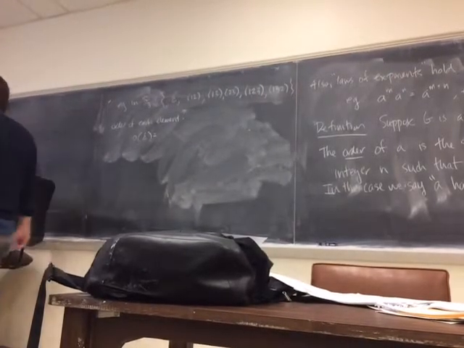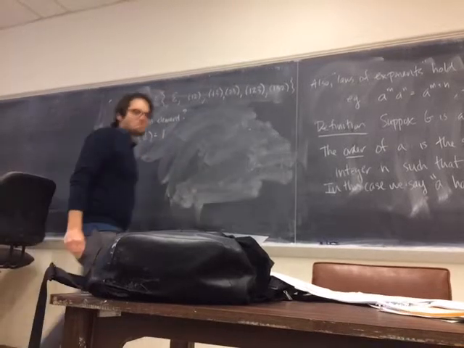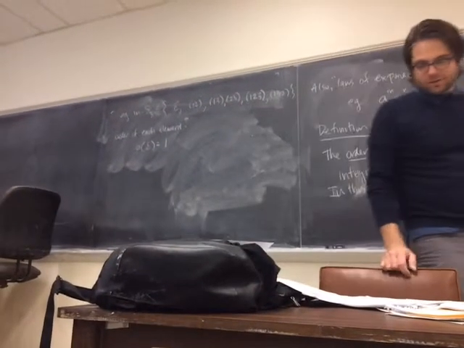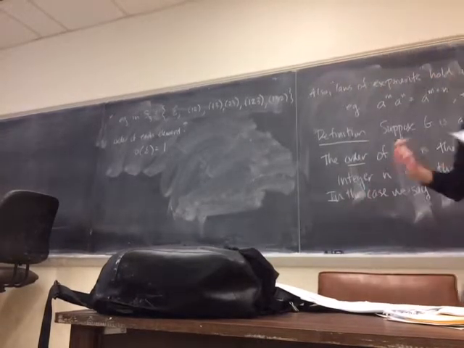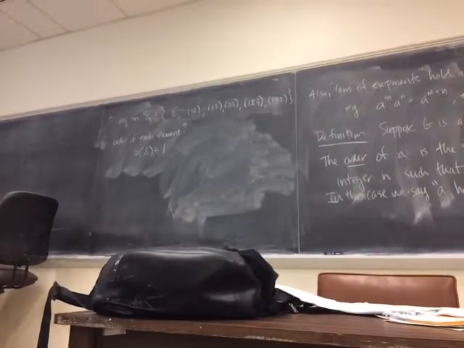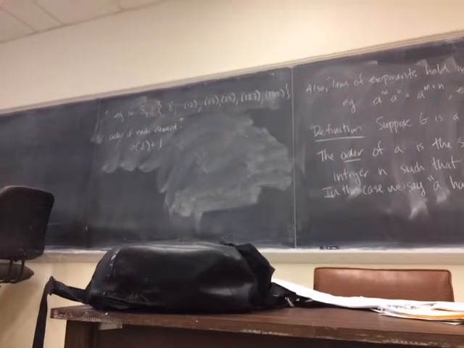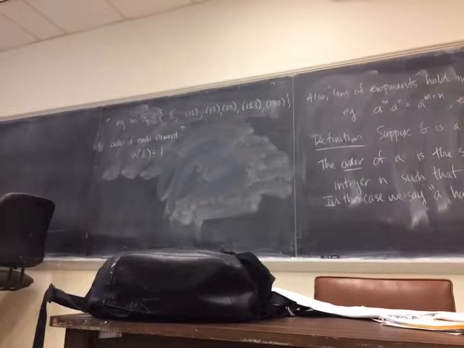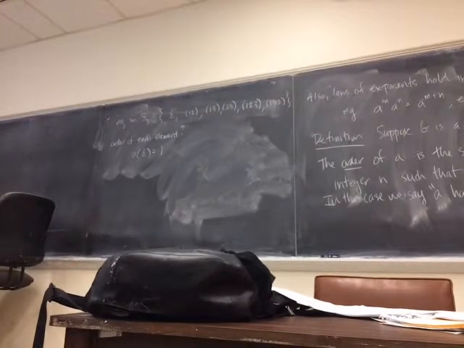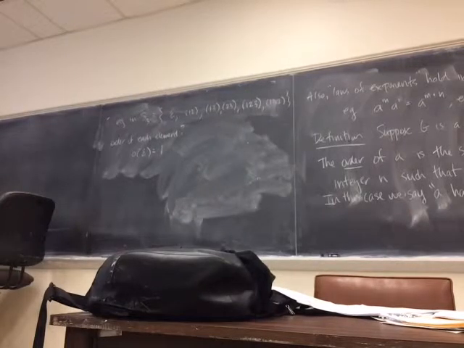I think we're going to call this order 1, though, right? And that's the only element that's going to have order 1. It's how many times do I have to take the element to get the identity? Well, if I take it just once, then it is the identity, right? A to the 1 equals E means that A equals E.